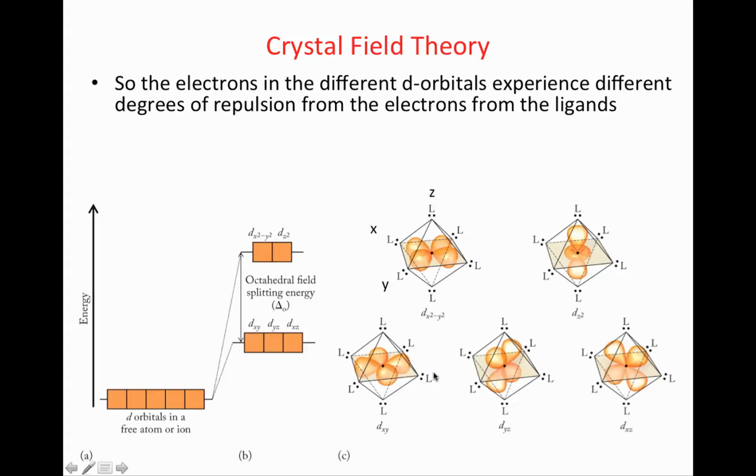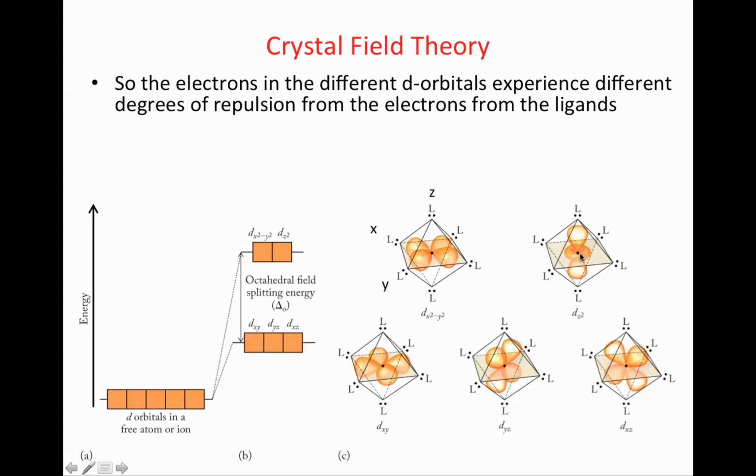The reason they have different energies is because these orbitals are in different places geometrically. I have two orbitals with lobes that lie along the axes. Here in the dz squared orbital, I've got these two lobes lying right along the z-axis, and I have ligands that are contributing electron density along these axes.